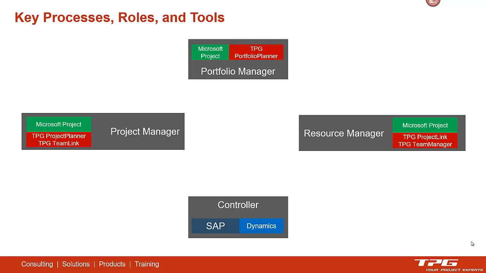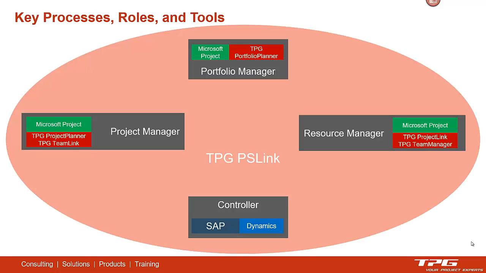So for these roles we have different tools in addition to Microsoft Project Server to support their work. Behind the scenes, we have a tool called TBG PS Link, which does some data exchange between these roles and tools, so that everyone is talking about the same numbers and not having their own numbers, which are totally different from the rest of the world.